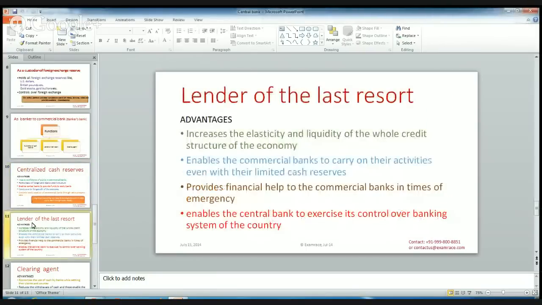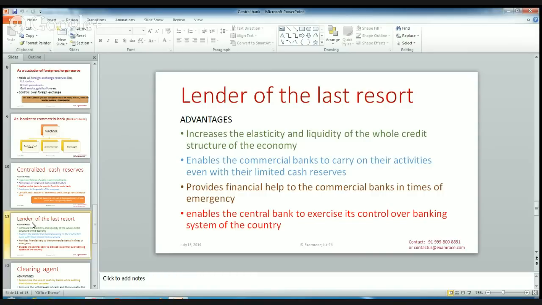The second function is the lender of the last resort. If a commercial bank doesn't have money or is in a bankruptcy situation, then the central bank provides funds to the commercial bank so that they can improve their liquidity positions, the elasticity and the whole credit structure, and that will also result in the enhancement of the structure of the economy.